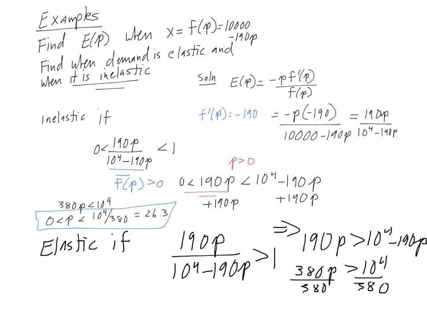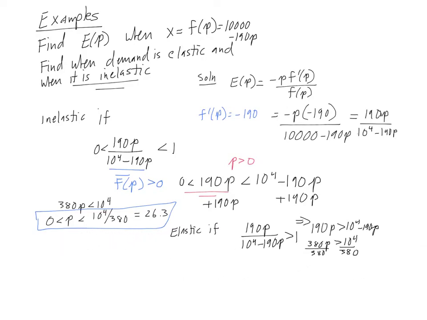We have P being greater than 26.3. So that's when it's elastic. Okay, so in other words, your revenue will go down if your price is above $26.3 and you raise price, and your revenue will go up if your price is between 0 and $26.3 and you raise price.